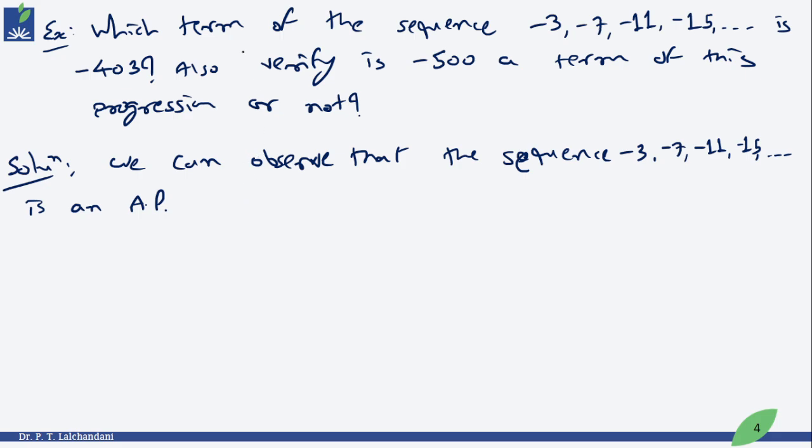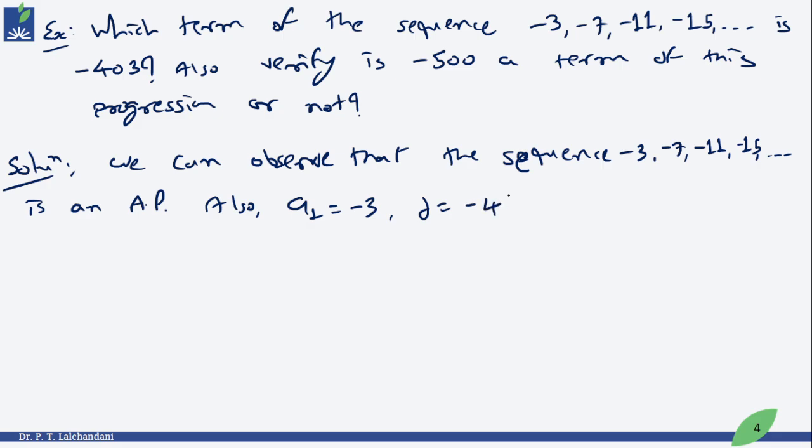Now, what is the question? We have to find the value of n for which an is equal to -403. Let us note down the value of a1. A1 is the first term, that is -3. What is d? D is the consecutive difference.